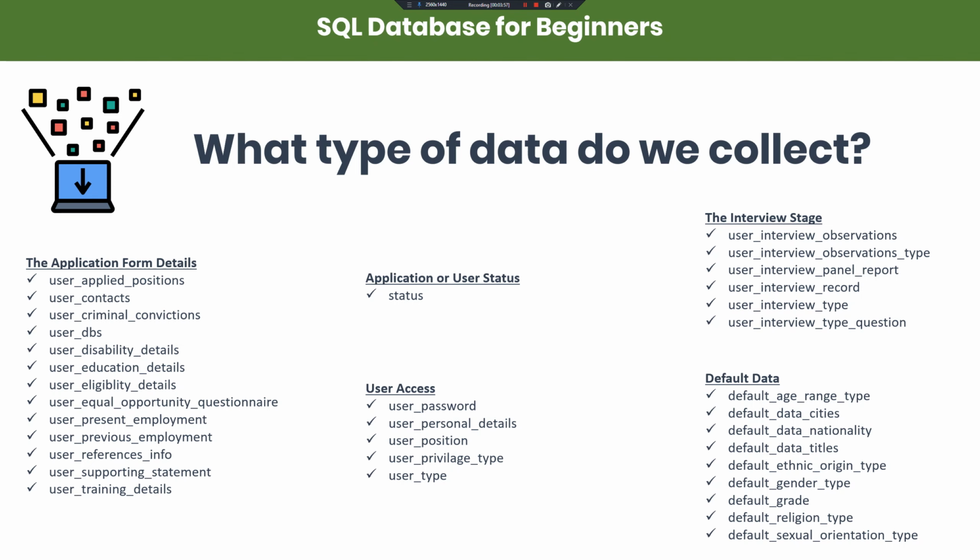So we want to be able to check, so that for the applicants that are applying, we have to confirm that they have the right to work in that particular country. Also, it's always good to have an equal opportunity questionnaire. So at the end of the application, the user might have to complete an equal opportunity questionnaire as well. This ensures that the recruitment process is fair.